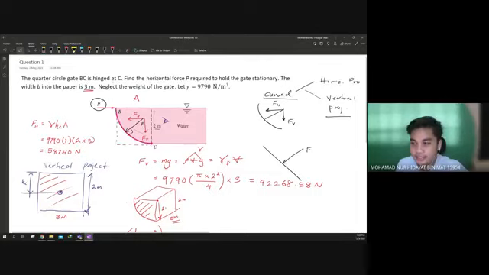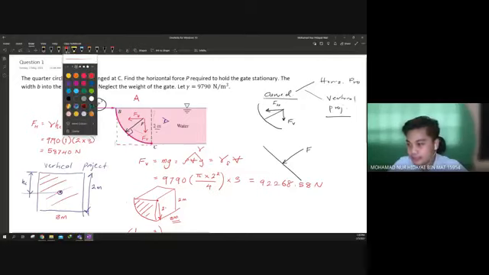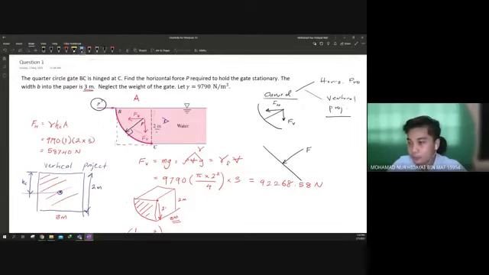The hinge at C. That means we have the reaction force at C, which has two components: reaction force in the y direction and reaction force in the x direction.